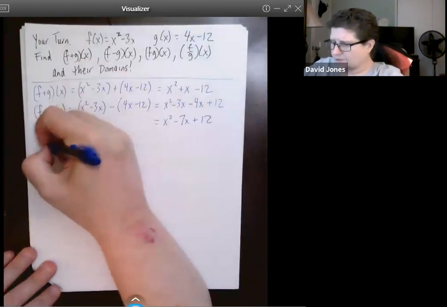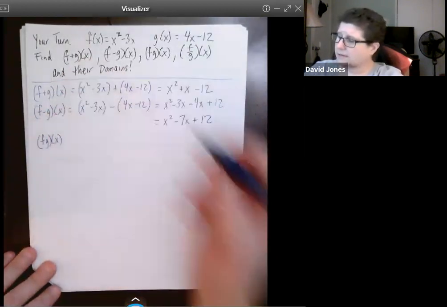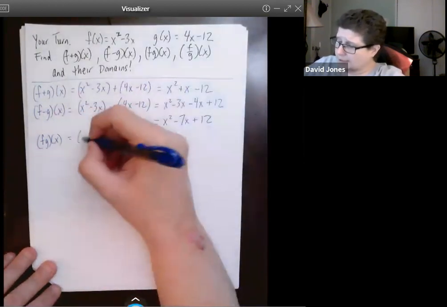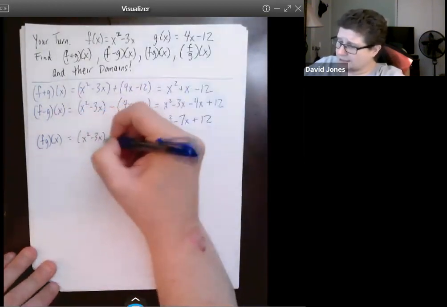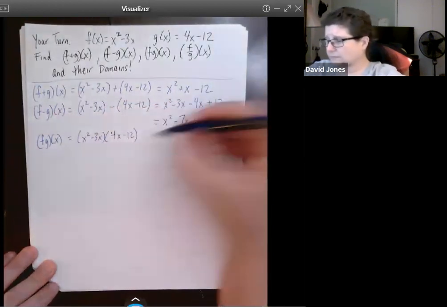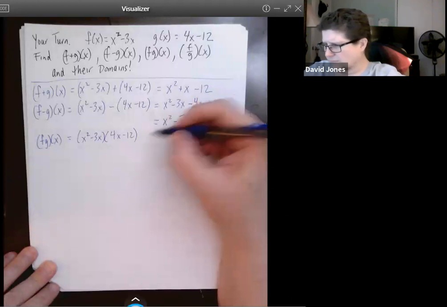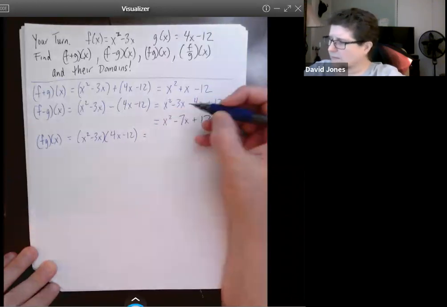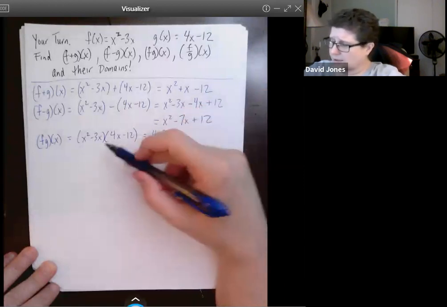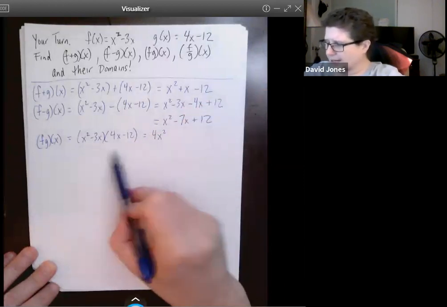We'll take a look at fg of x. x squared minus 3x times 4x minus 12. I get 4x cubed. I'm changing the order, I'm going to do the x squared one next.